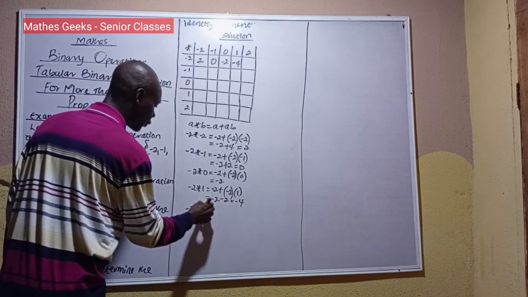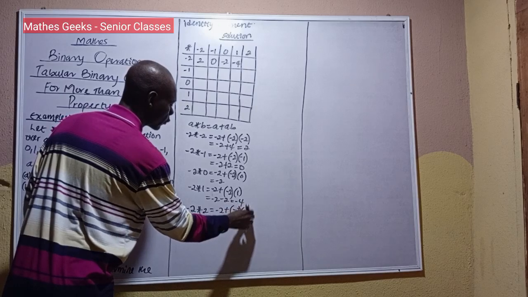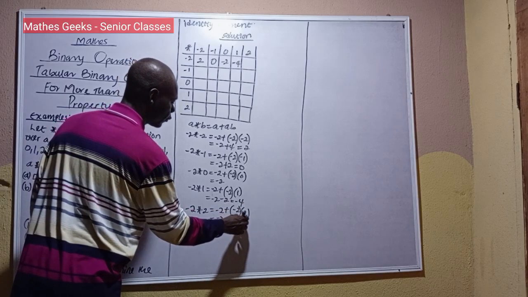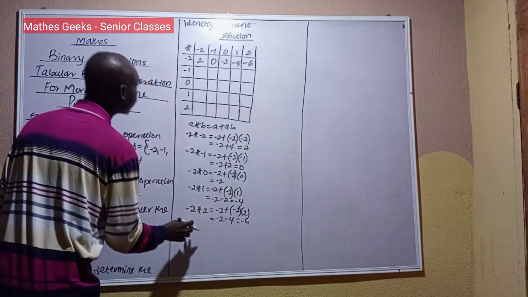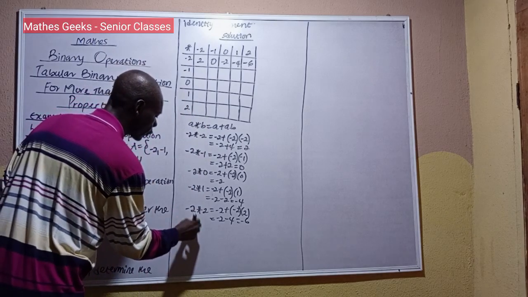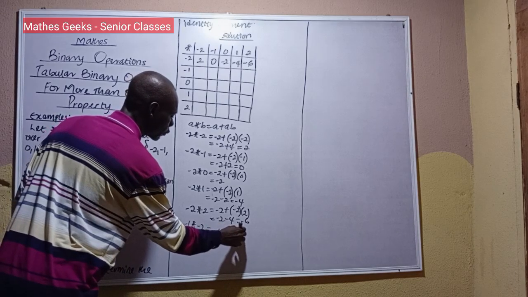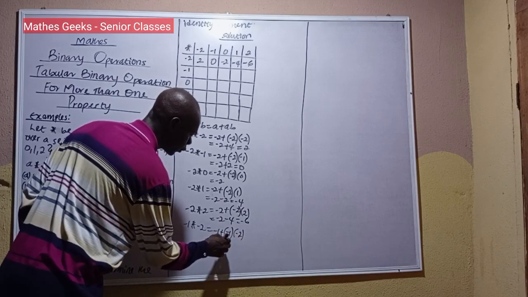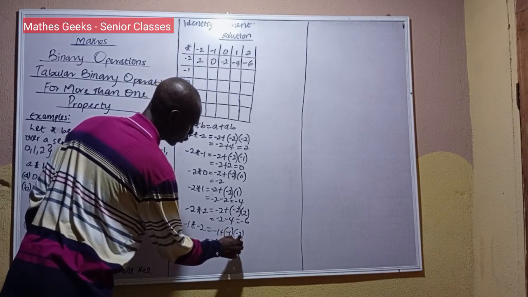-2 operation 2: -2 plus 2, plus -2 times 2 gives us -4, so the result is -4. Now -1 operation -2: -1 plus -2, plus -1 times -2 will give us +2, equal to -1.